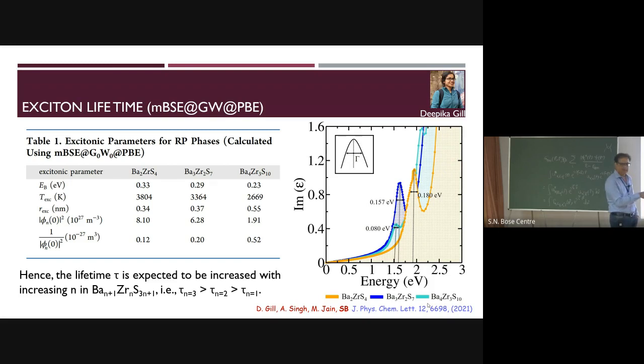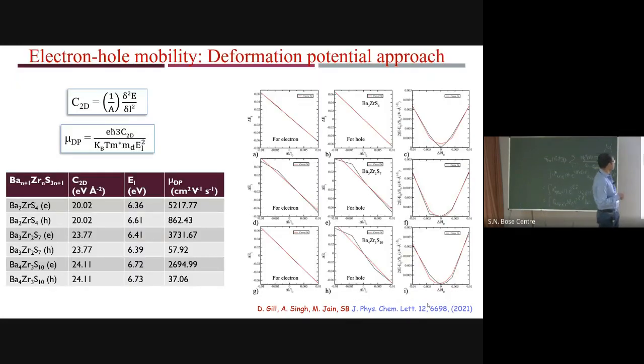Then you can directly calculate the lifetime of that exciton. Otherwise, you can also calculate it from the zero separation of electron and hole in the wave function. If you take the inverse of this, then you can calculate the exciton lifetime. If you compare that, this one is always following the same trend, irrespective of whichever way you calculate your exciton lifetime.